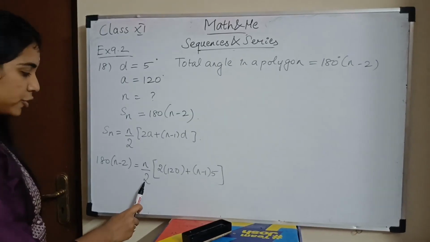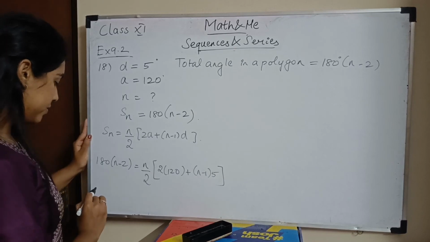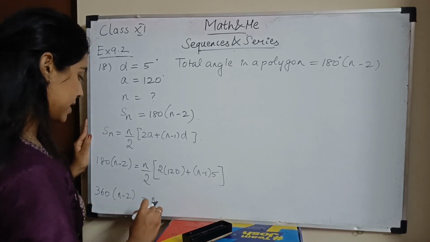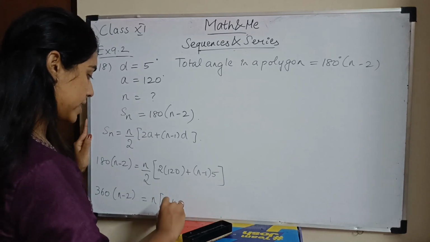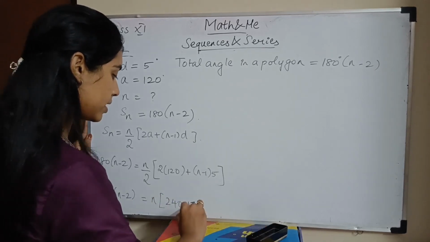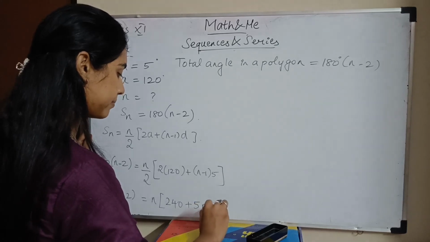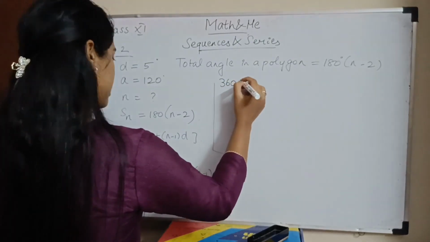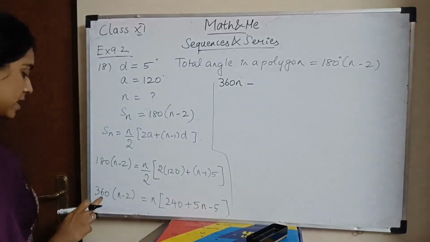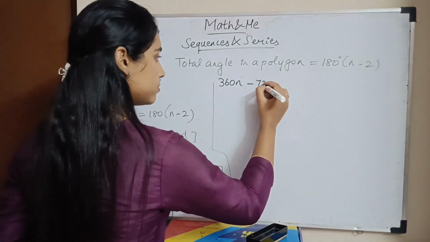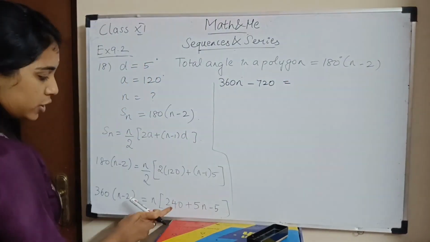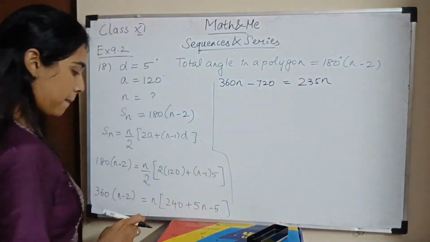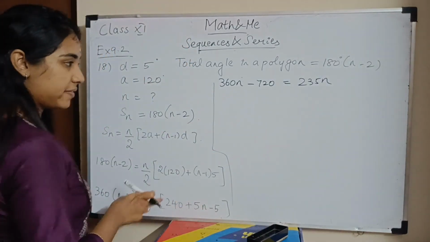Okay? What do we have? I'm going to multiply this 2 over here. So I have 360 of n minus 2 equals n times 240 plus 5n minus 5. Okay? 360n minus 360 times 2 is 720 equals 240 minus 5 is 235n plus 5n square.